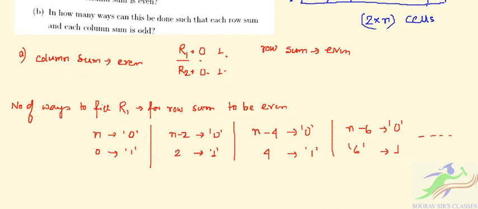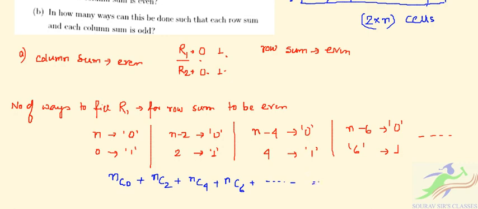For the first case, only one way is there, n zeros and no 1s. So we can write it as nC0 plus, for n minus 2 zeros and 2 1s, nC2, plus n minus 4 zeros and 4 1s, nC4, n minus 6 zeros and 6 1s, nC6, and it will go like this.